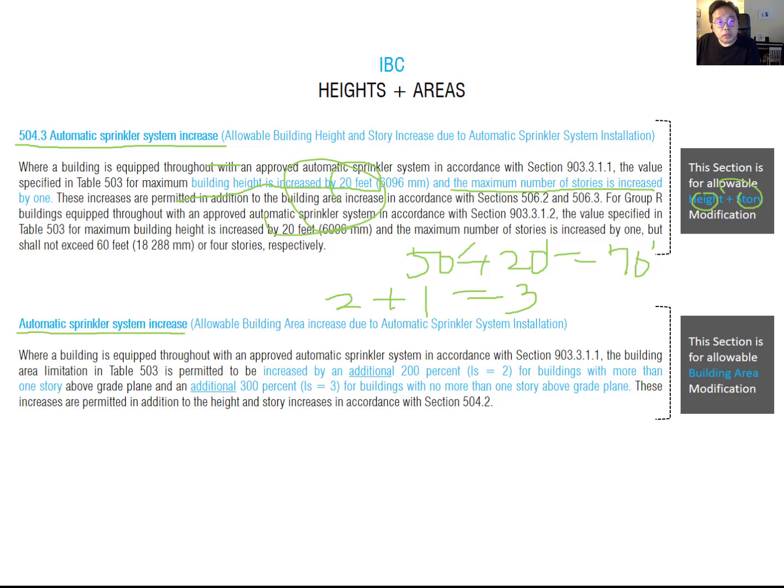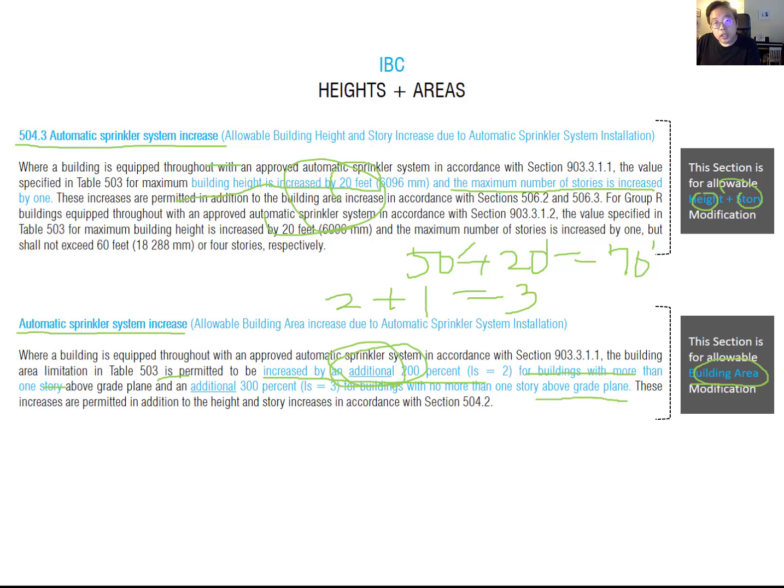Also, when you have the sprinkler system in your building, you can increase the building area. It indicates increased by additional 200%. You have to know about additional here. Okay, for the building with more than 1 story, and additional 300% for the building with no more than 1 story above grade plane.